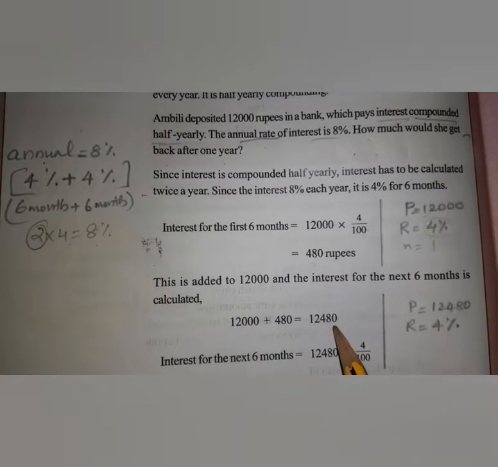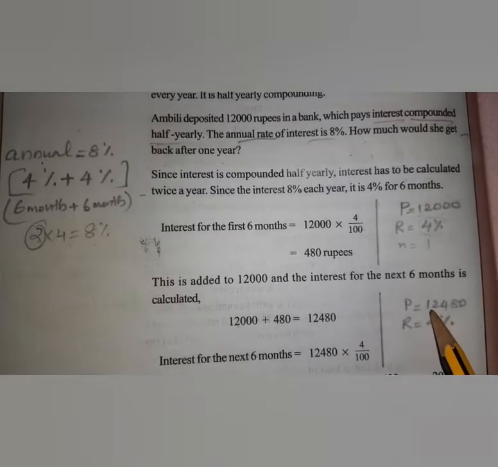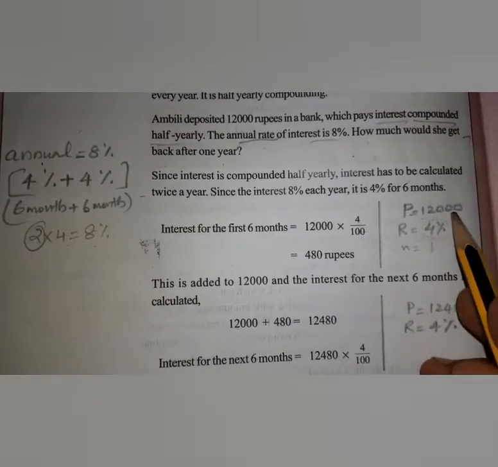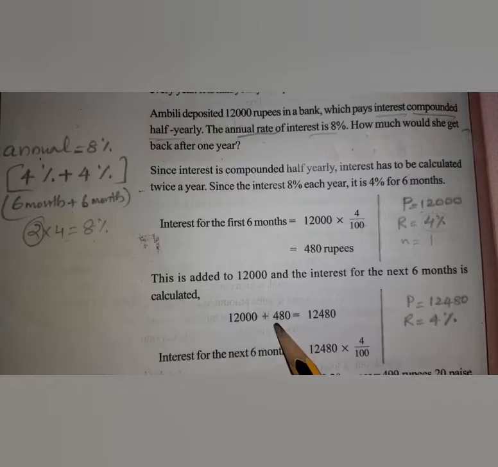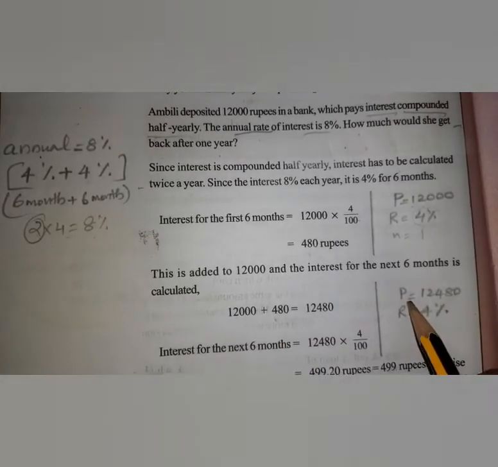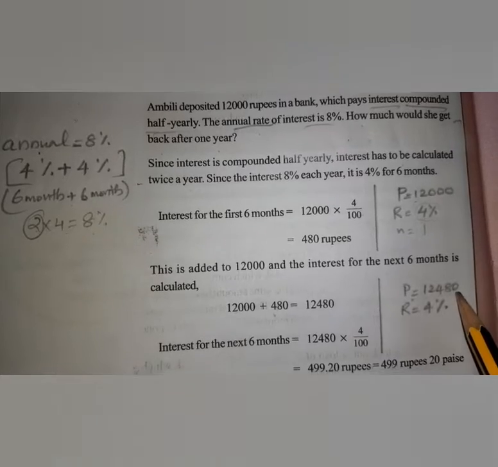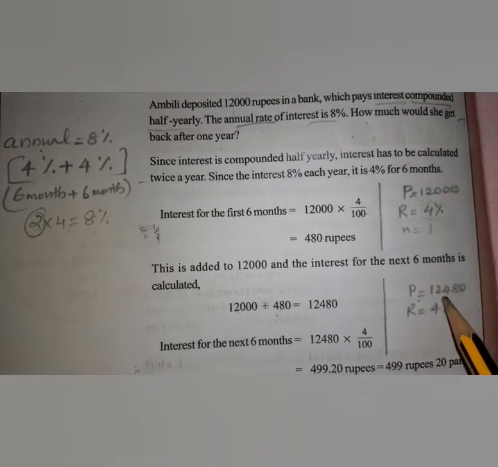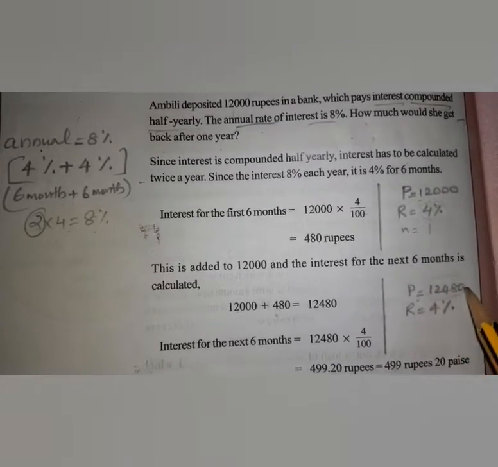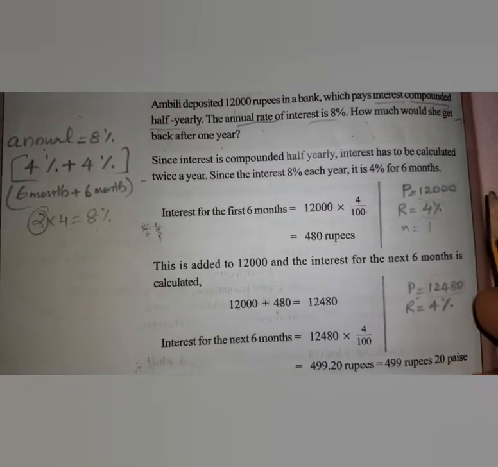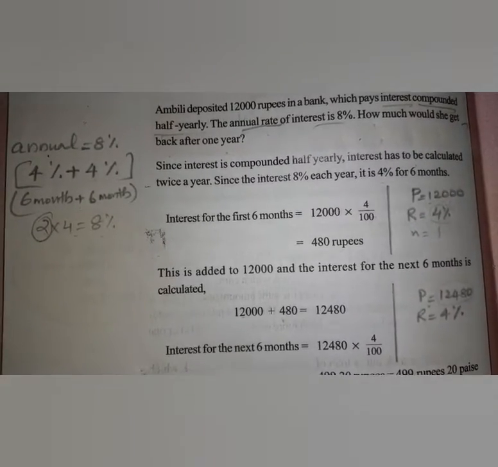So after 6 months your principal amount is how much? Not 12,000. It is 12,000 plus the interest 480, so your principal amount after 6 months is 12,480. Okay, so for the next 6 months the interest is calculated on this amount, not 12,000. That is the speciality of compound interest.